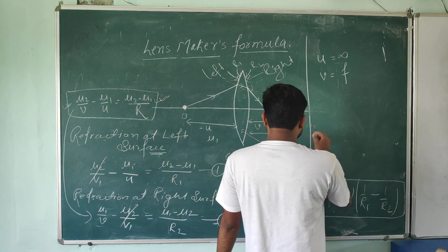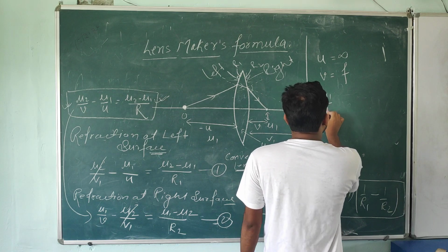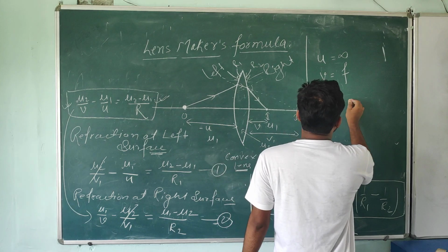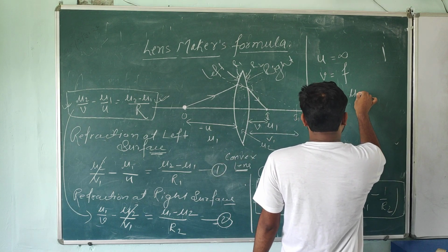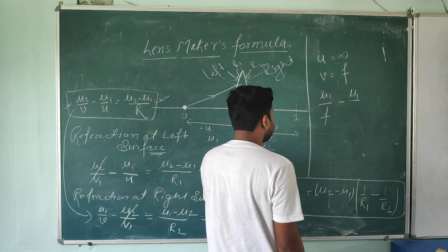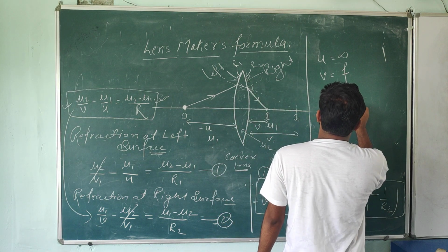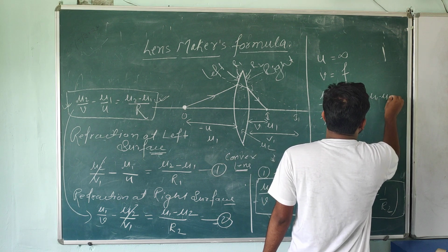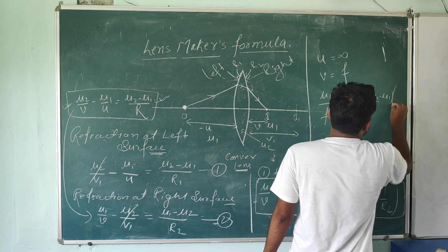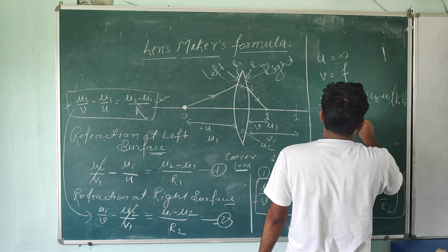So what will we get? mu1 divided by f minus mu1 divided by infinity is equal to mu2 minus mu1 into 1 by r1 minus 1 by r2.